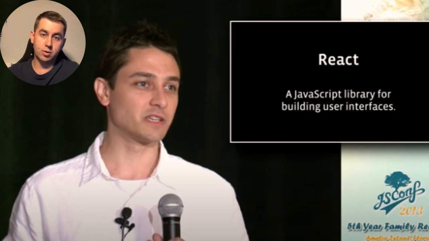At this moment, one of the engineers at Facebook, Jordan Walke, started experimenting with a different idea. What if instead of directly updating the DOM, we describe what the UI should look like, and the system takes care of updating it? That idea became React.